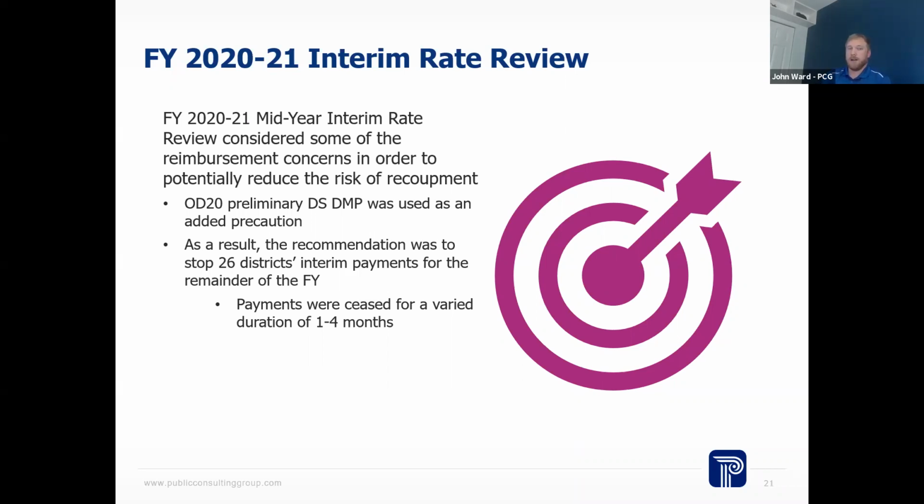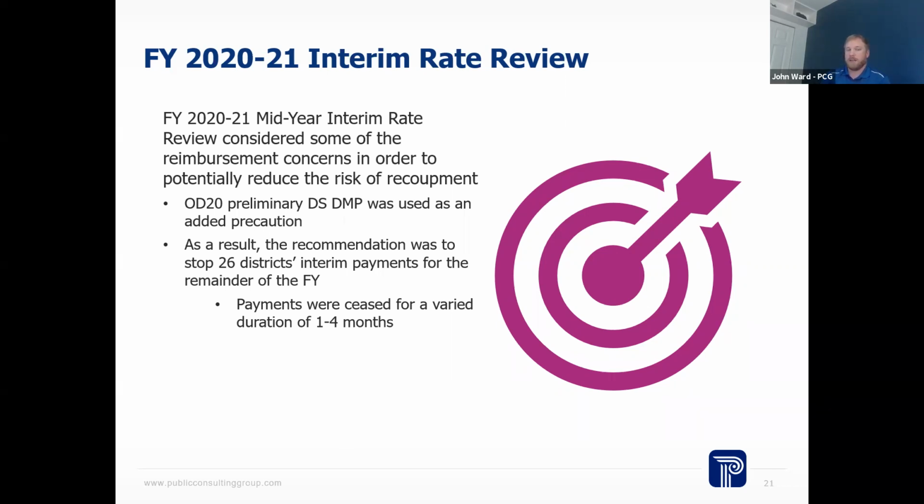This was if their current FY21 interim rates were to continue. As a result, the department did reach out to those districts and offered a few different solutions to reduce the possible risk of falling into a recoupment. That was foregoing their interim payments for 1 month to 4 months, depending on the severity of the estimated recoupment.